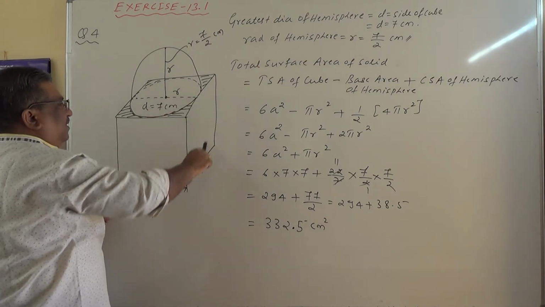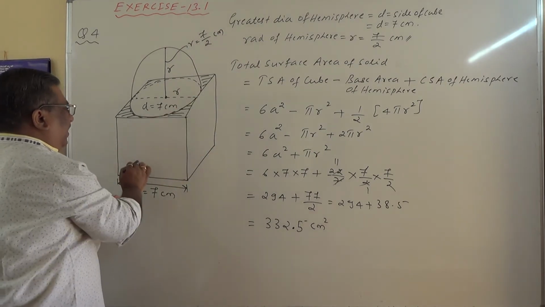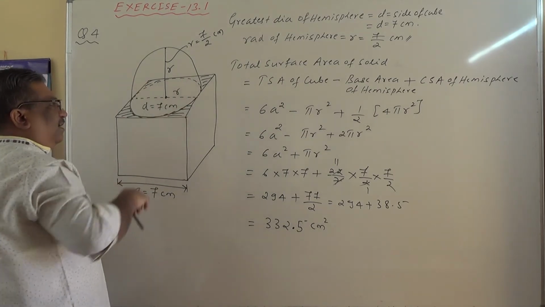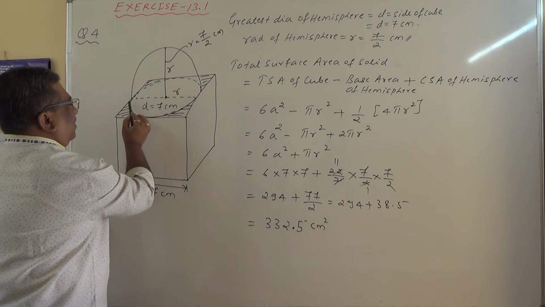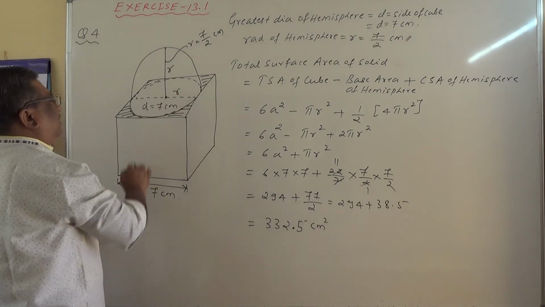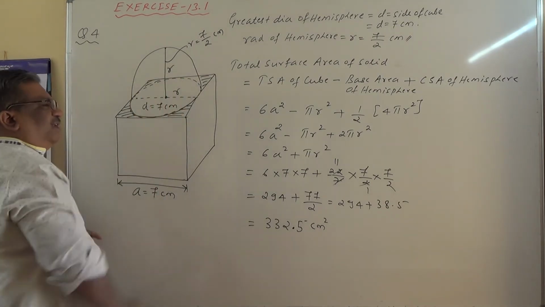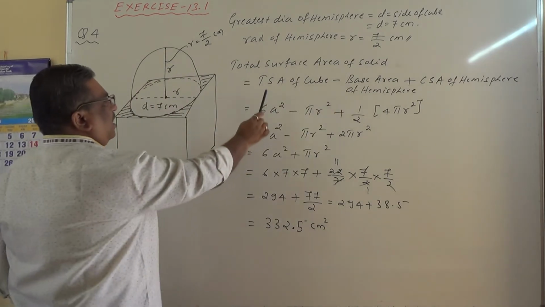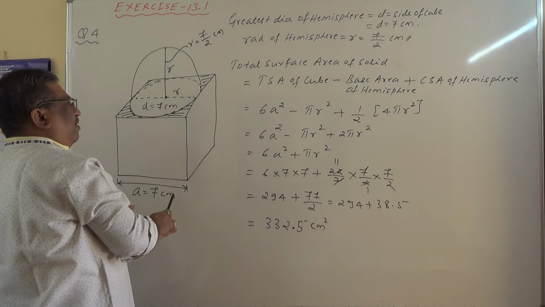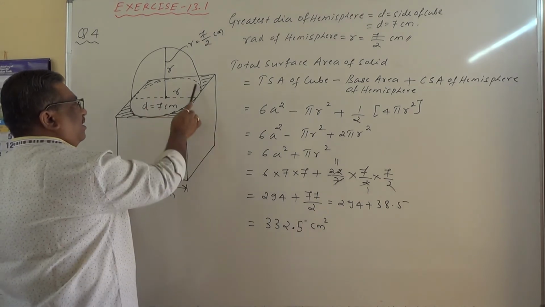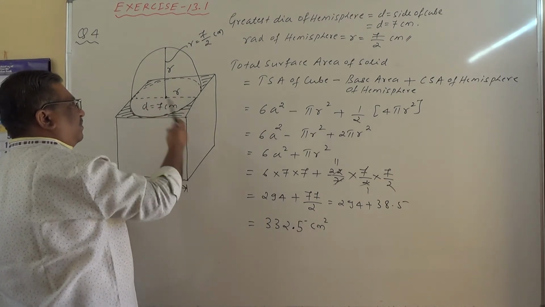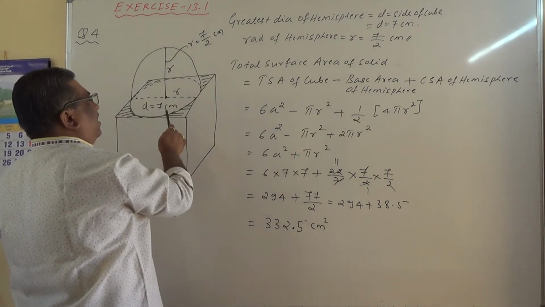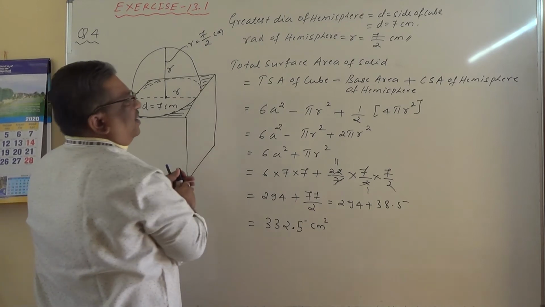Total surface area of the solid is equal to TSA of the cube, which includes the entire top surface area also, minus the circular base area, plus the curved surface area of the hemisphere. So I have to subtract that base area. Therefore, minus base area of the hemisphere plus curved surface area of the hemisphere.